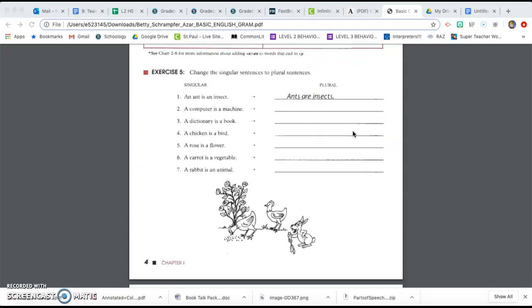Let's try one more. A dictionary is a book. We already know we need to take away the a. We're going to change is to are. And let's make them plural. Dictionary is singular. To make it plural, we need to add s. But we cannot add s to a word that ends in y.